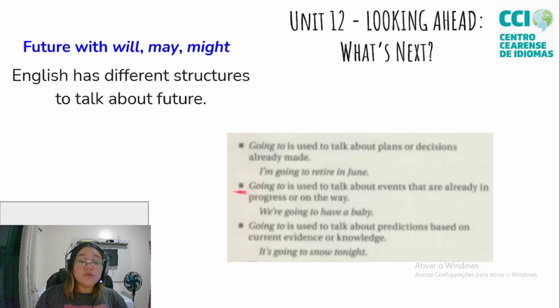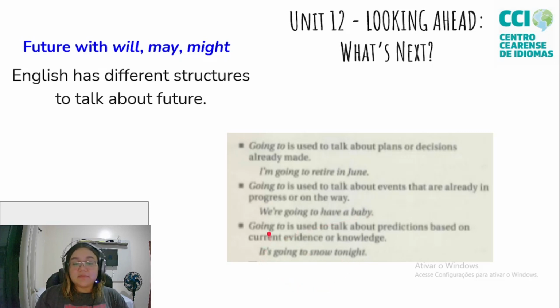We also use going to talk about events that are already in progress, that are already happening, right? So we are going to have a baby. If the woman is pregnant, the event of having a baby is already in process. So they say, we're going to have a baby, and not, I will have a baby, okay?